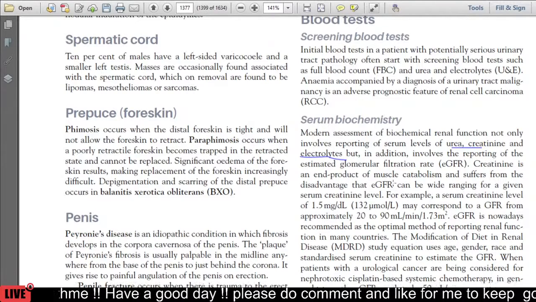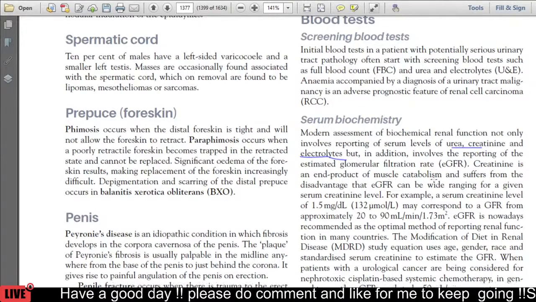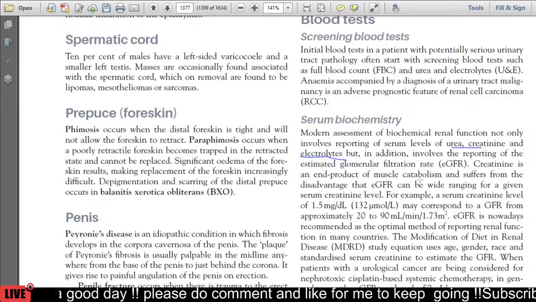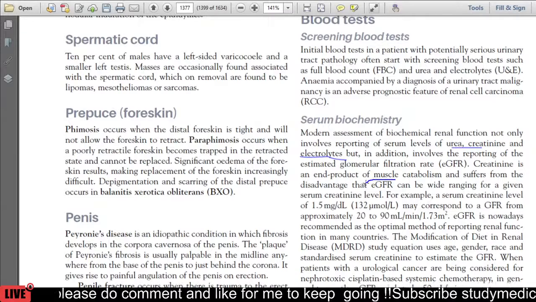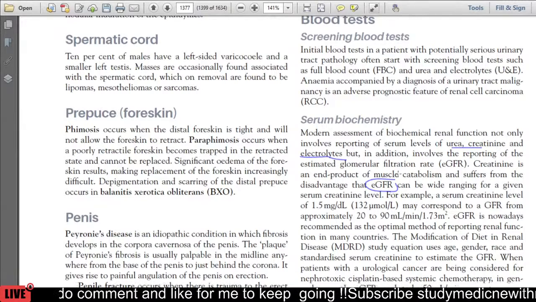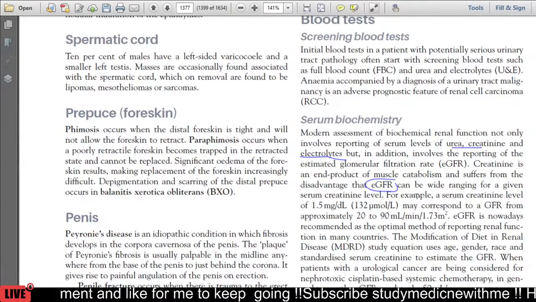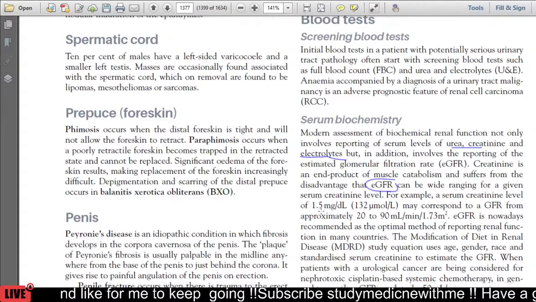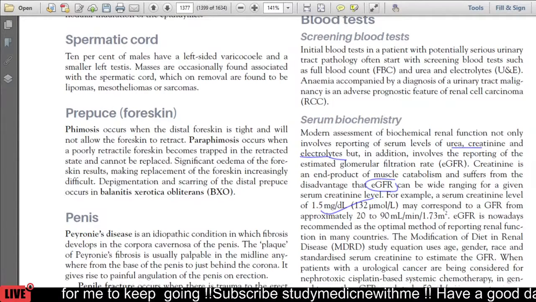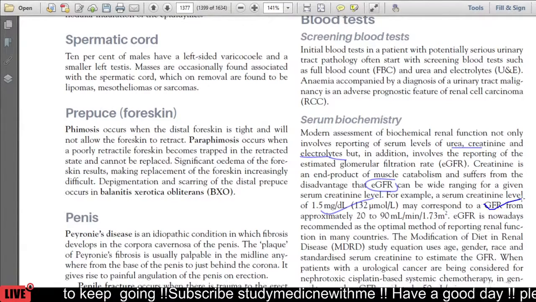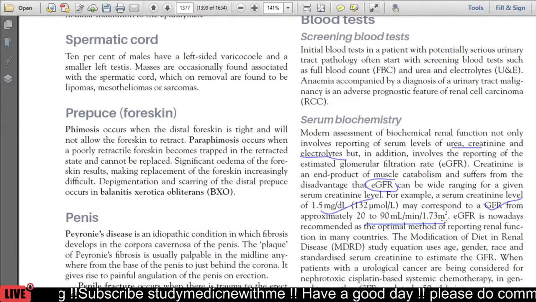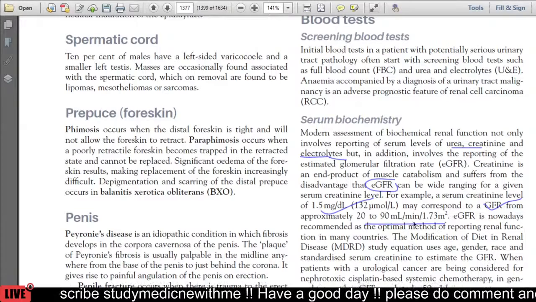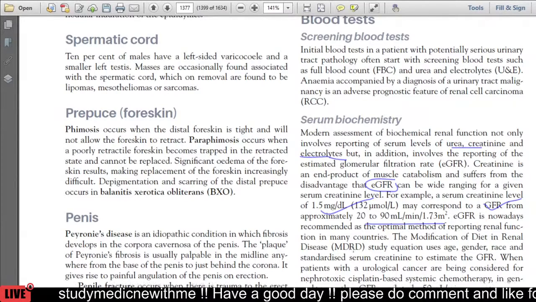Okay, creatinine is an endpoint of muscle catabolism and suffers from the disadvantage that eGFR can be wide ranging from a given serum creatinine level. For example, a serum creatinine level of 1.5 mg per deciliter may correspond to an eGFR from approximately 20 to 90. eGFR is nowadays recommended as an optimal method of reporting renal function in many countries.